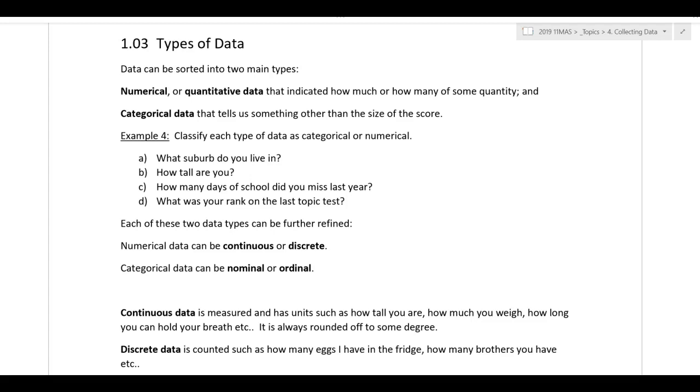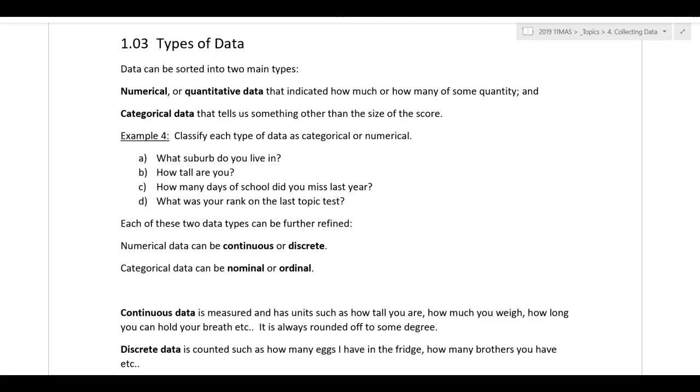What comes first, Ashtonfield or Metford? Well, I could put them in alphabetical order. I could put them in order of distance from school. I could put them in order of decreasing population, who knows? But it's not intrinsic. It's not within that data itself what sort of order it should go in.